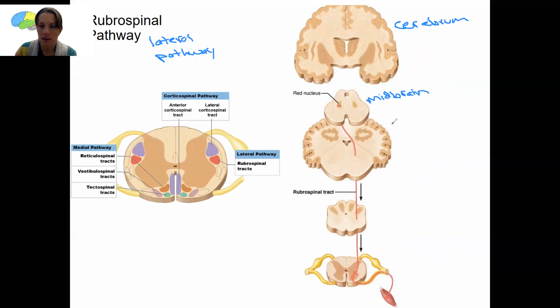We've got the cerebellum in back there, along with the pons in front of it. Then we've got our medulla oblongata and our spinal cord. And our upper motor neuron is going to be located in the red nucleus. The cell body is located in the red nucleus. So this one here is our upper motor neuron.